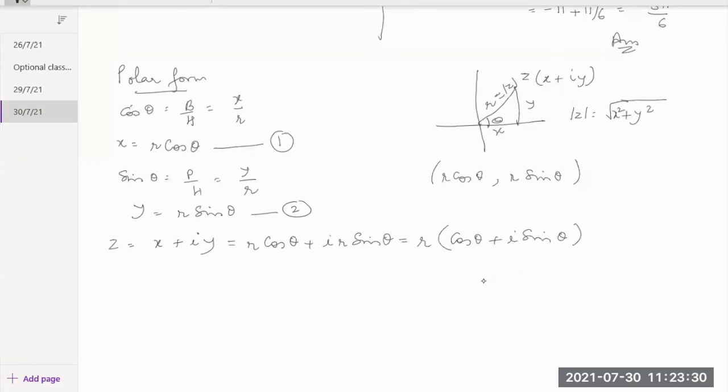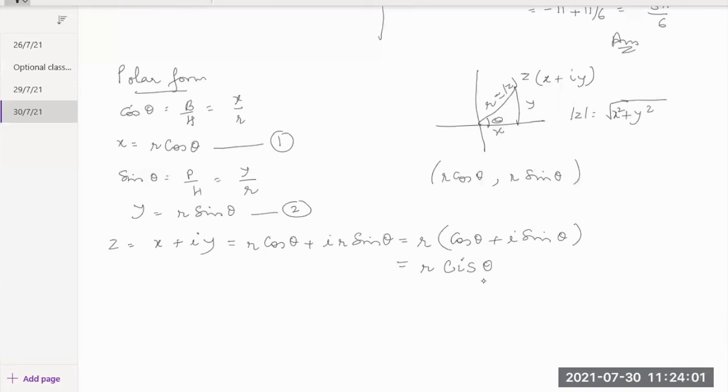See, here number 1 and number 2 are the coordinates. But over here when I write like this, it becomes a polar form of the complex number. Now in short, it's written as r outside, then c for cos, i for imaginary, s for sine, and theta is the angle for both of them. We say r cis theta, which means cos theta plus i sin theta.